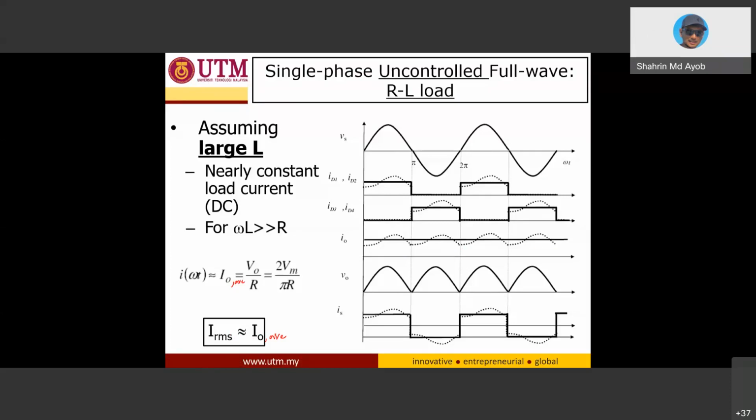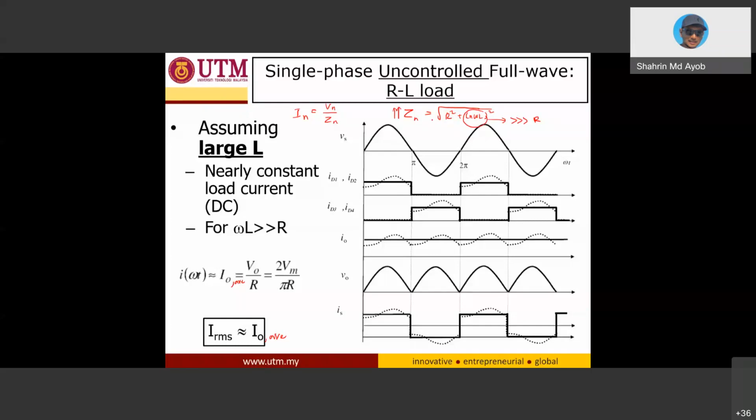Why does this happen? Because of this formula. We know that Zn is the square root of R squared plus (n omega L) squared. If this part is much larger compared to the rest, the value of Z is very high.